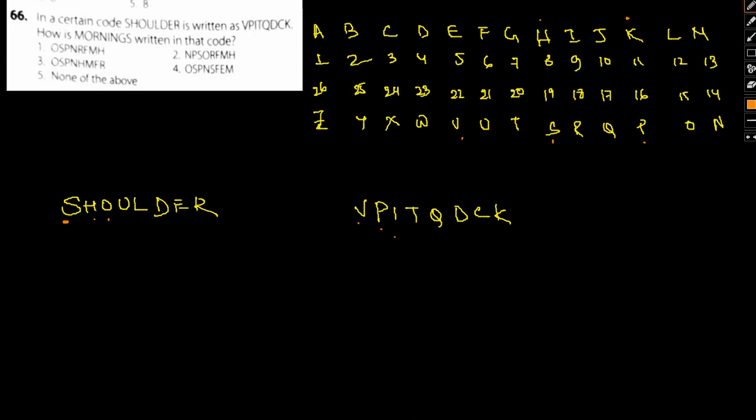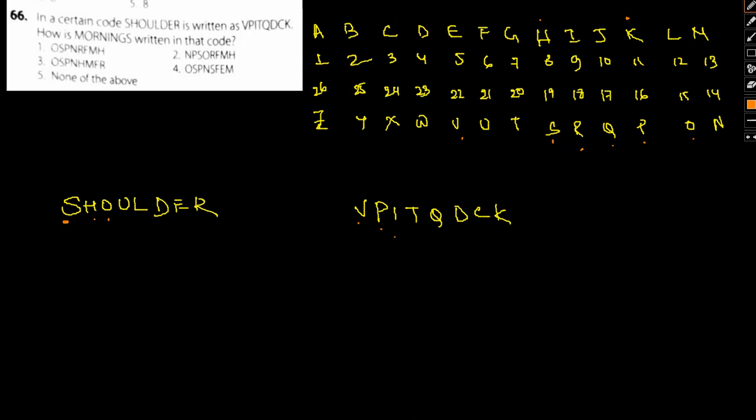Now O to I: O plus 3 is R, and R's opposite is I. And if we talk about U to T, these are not following any pattern, so that particular thing basically fails.